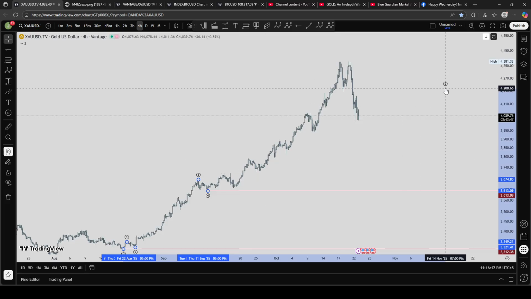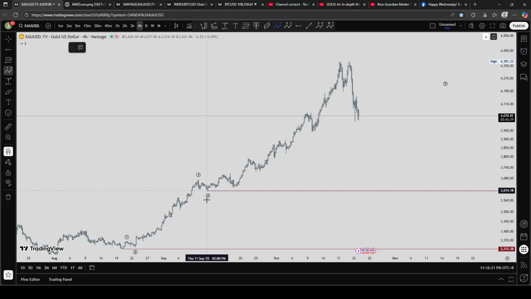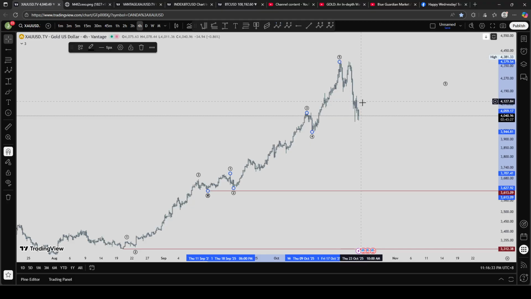Instead, I will extend it, meaning I will be counting 5 waves up again from this point of interest. So the fifth wave becomes the wave 1 of the extension. This will be the wave 2. This will be the wave 3, the wave 4, and this will be the wave 5.